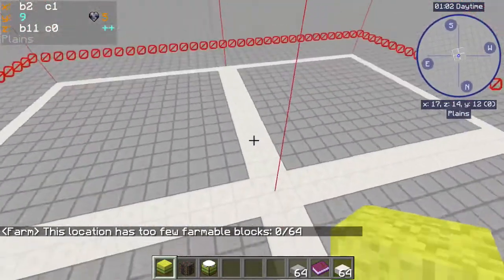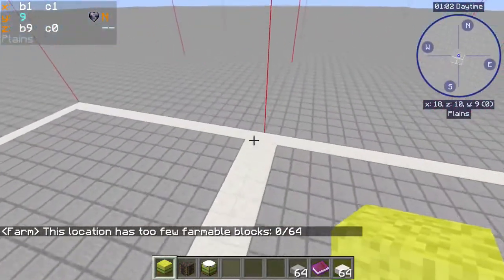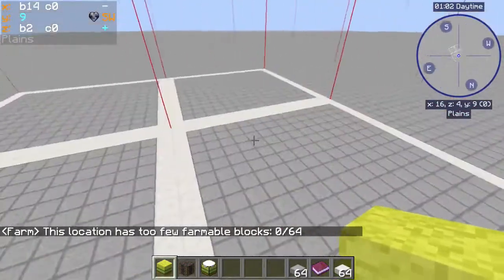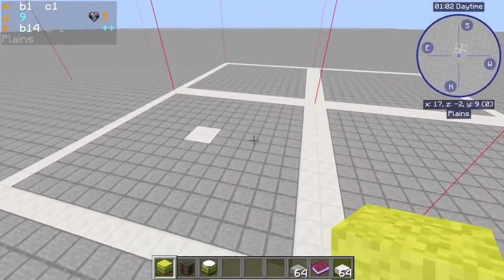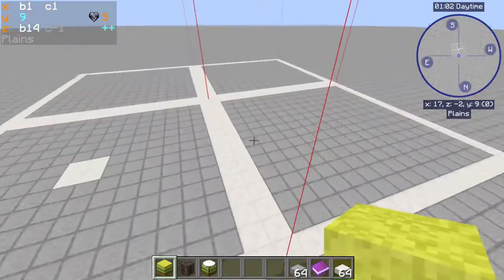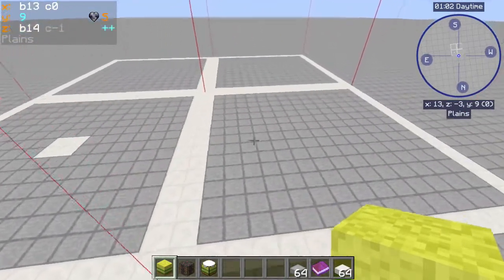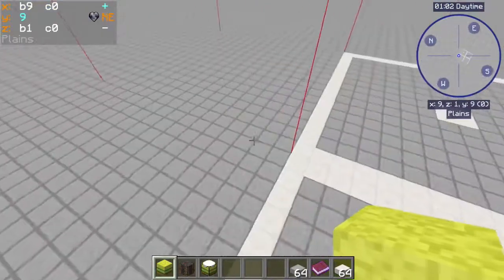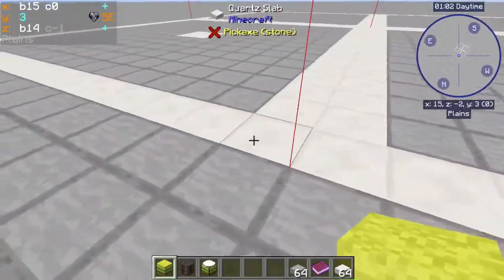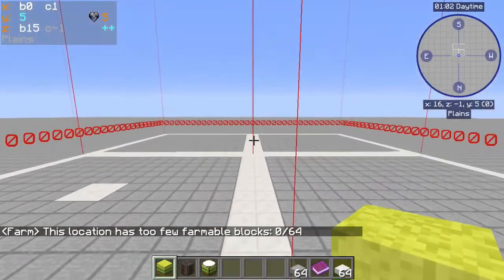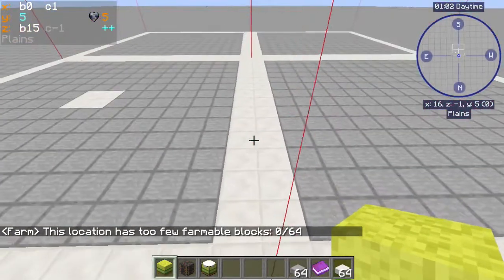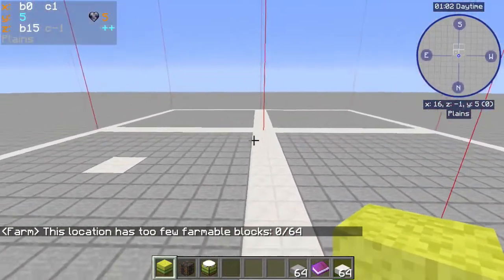Right? So it's your relationship to where you are to the even numbered chunks in both directions. It'll find the two chunks that are even numbers that are closest to you from where you're standing. So whenever you place a block, if you're on an even chunk, then it's gonna be in front of you. If you're on an odd chunk, you're gonna be in the middle of it.